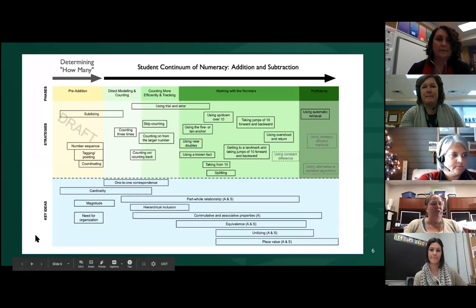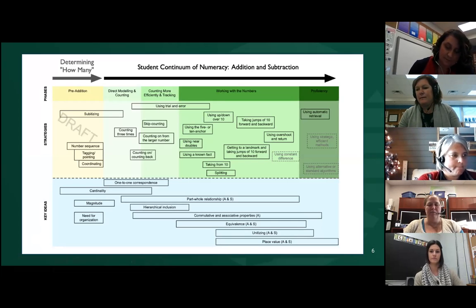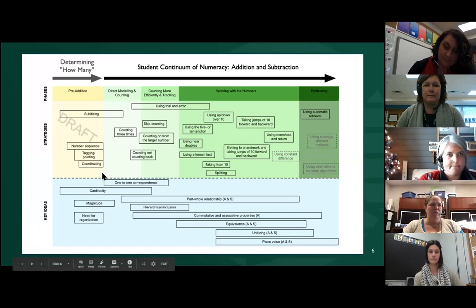All right, so we looked at this last week, but I'll just mention it again in case some of you weren't here with us. You'll be familiar with part of this picture, which is Dr. Lawson's continuum for numeracy development, a student continuum for numeracy for addition and subtraction. What you'll probably be familiar with is from this part onward.